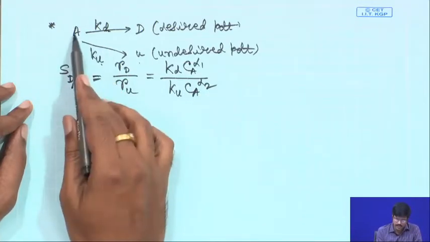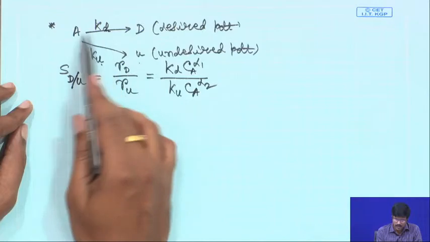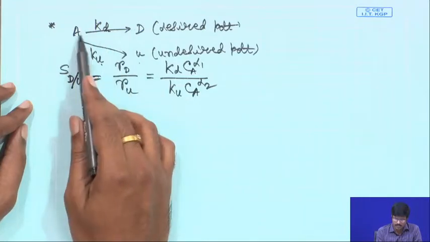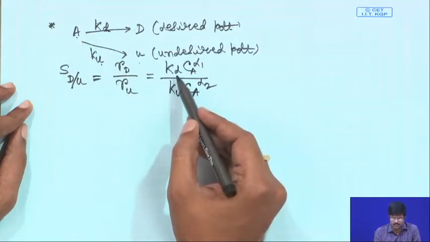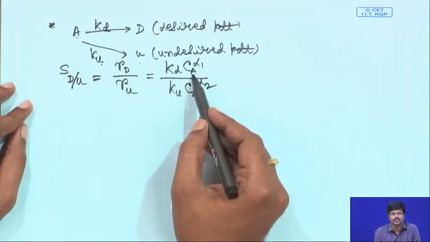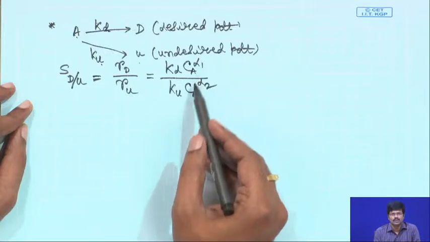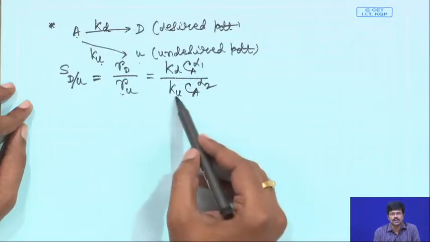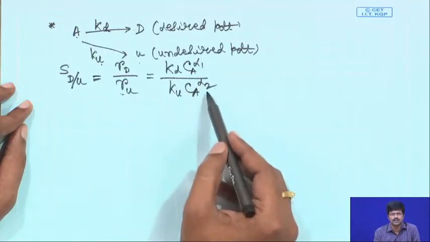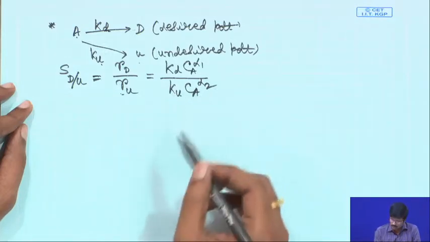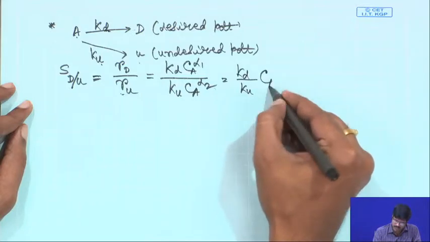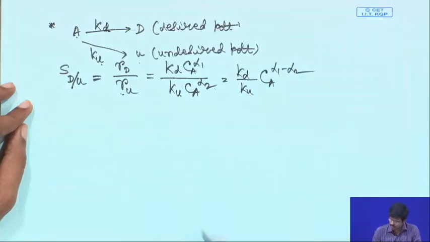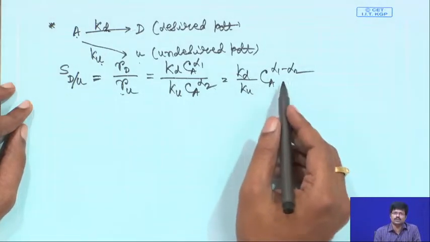Let us say the rate has an order alpha 1 with respect to A, so it will be rate constant into concentration of A to the power that term. Correspondingly, for the undesired product, let the rate expression be this, so the order of the reaction is alpha 2. So, this will be equal to k d divided by k u into C A to the power alpha 1 minus alpha 2.